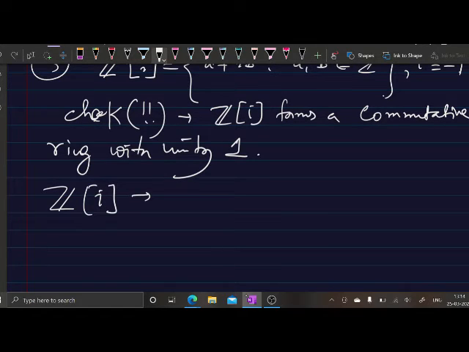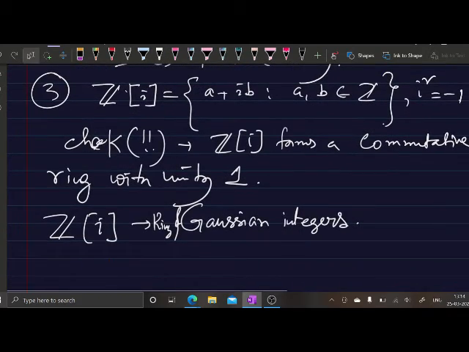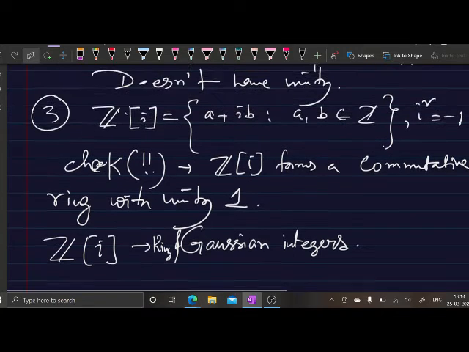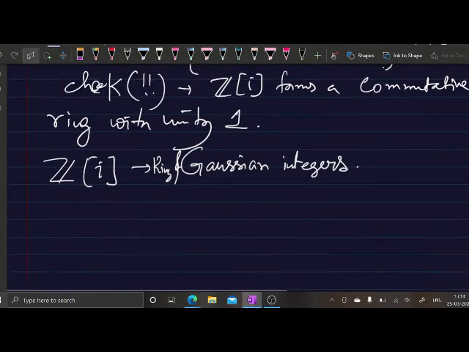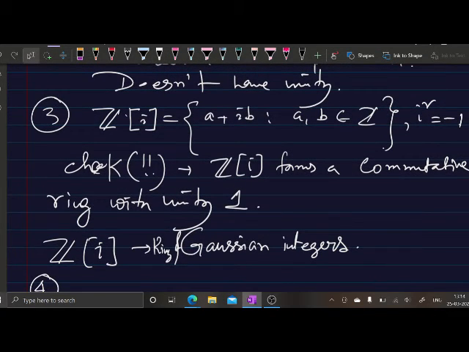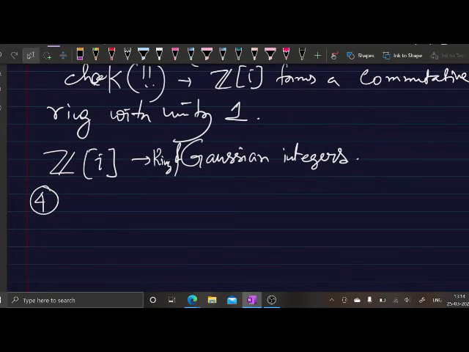It is called the ring of Gaussian integers. In a similar way, instead of integers you can take rationals also.